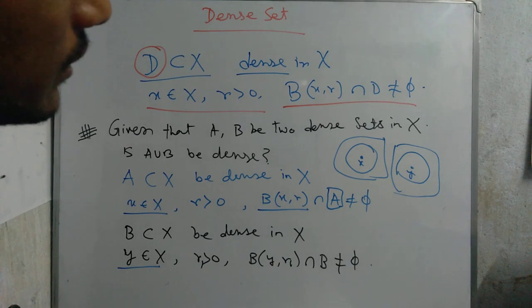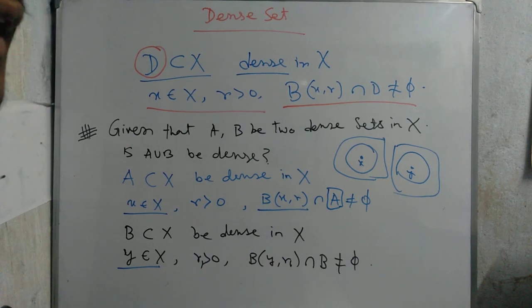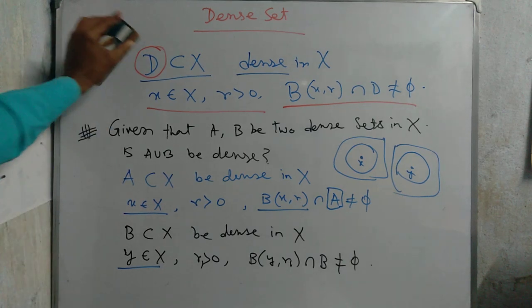Now we talk about A union B. If we take A union B, then we think about one point from here. A and B are dense sets, and is A union B dense, yes or no? We check it this way.